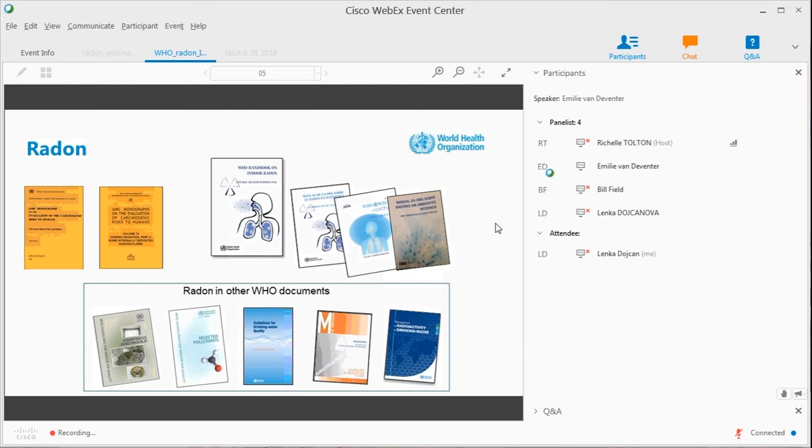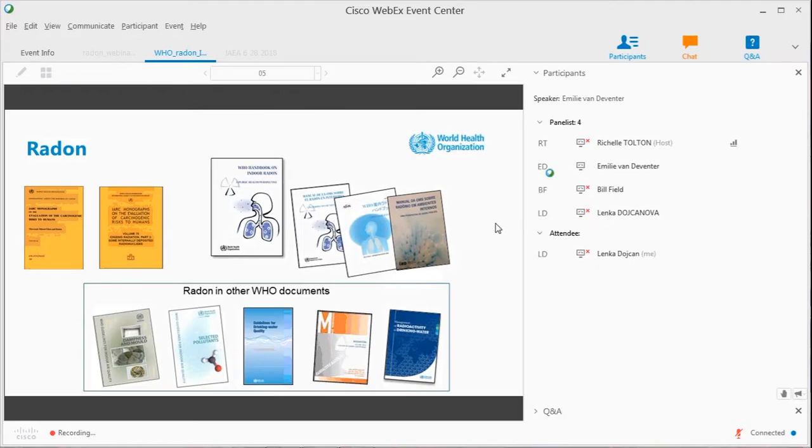A landmark set of data was published in 2005 showing an association between radon exposure and lung cancer in homes. And out of this data, we felt it was important for WHO to work further on radon, and we developed and published a handbook which a lot of you have contributed to, that has been translated in several languages.